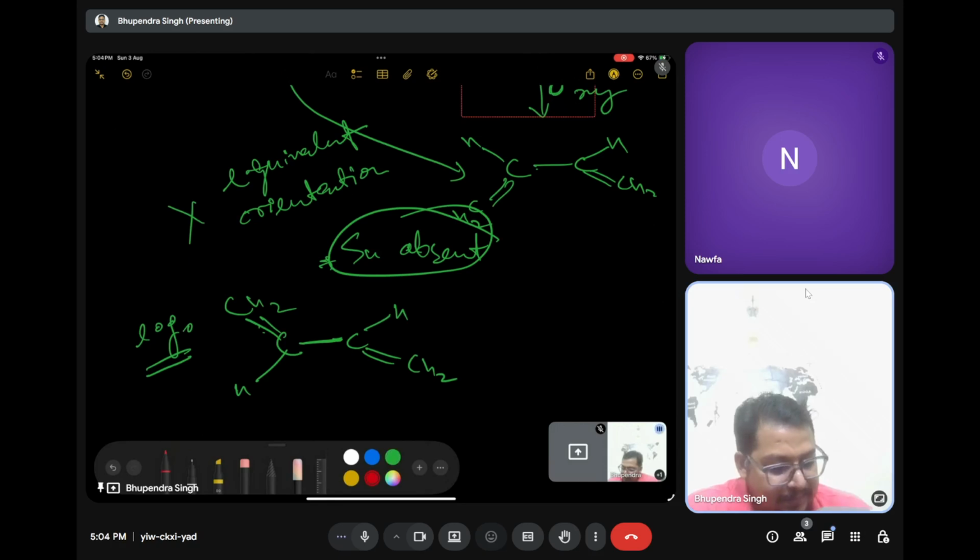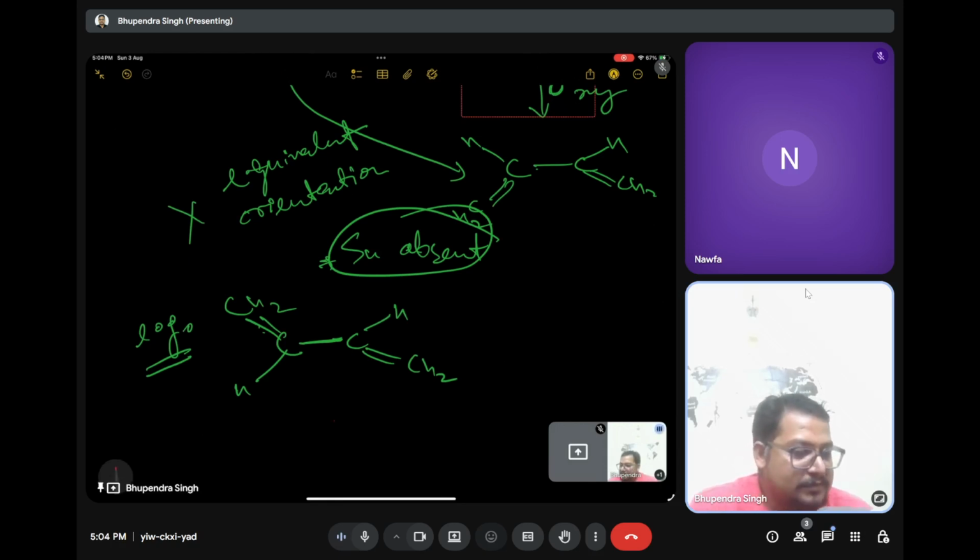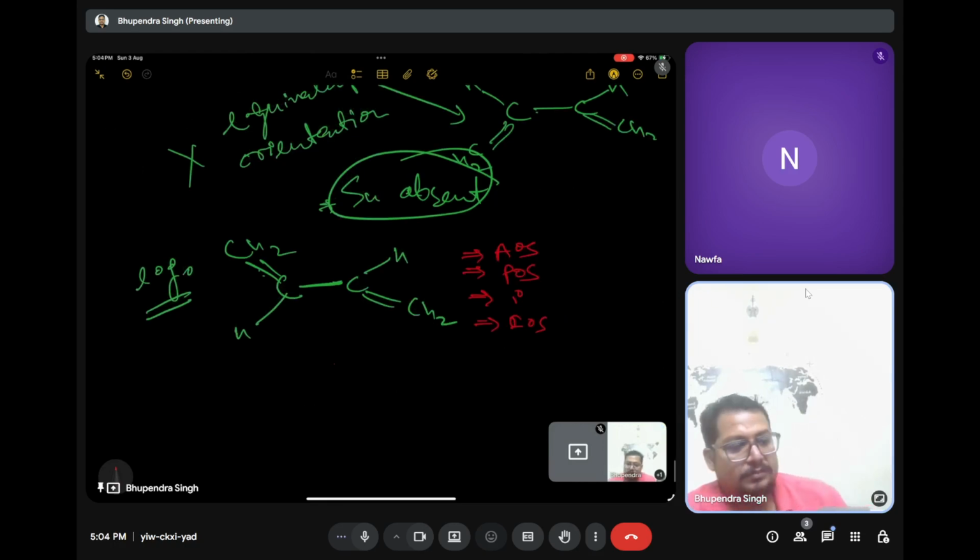Tell me what symmetry elements are present: axis of symmetry, plane of symmetry, center of inversion, and improper axis of symmetry. This is your assignment.